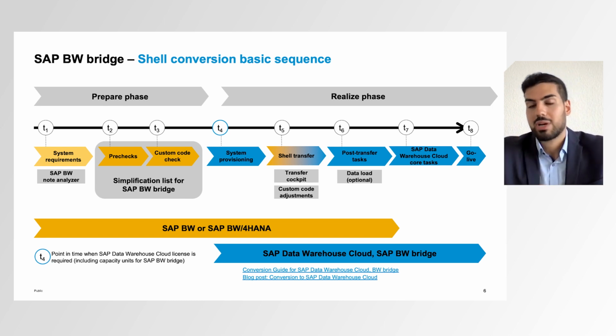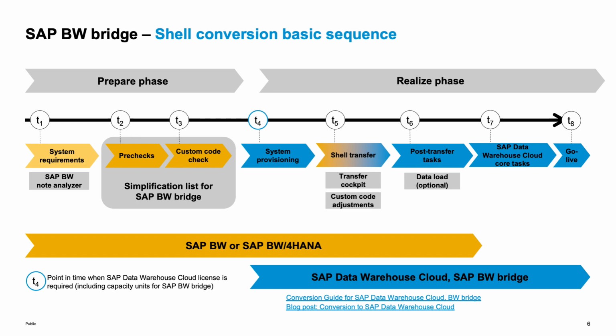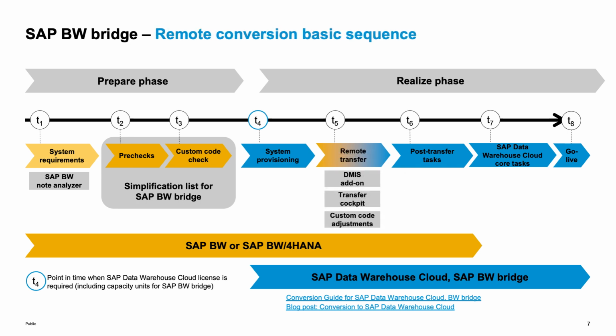And then, of course, our customers can continue with the go live phase. And once the go live phase has been successfully completed, our customers can start to decommission their SAP BW on-premise footprint.